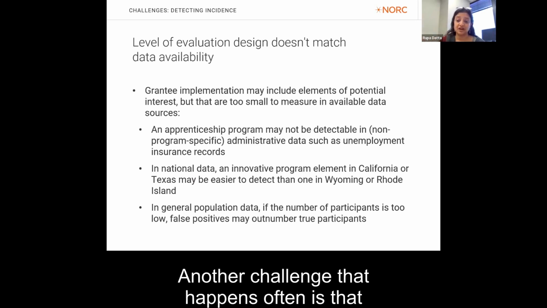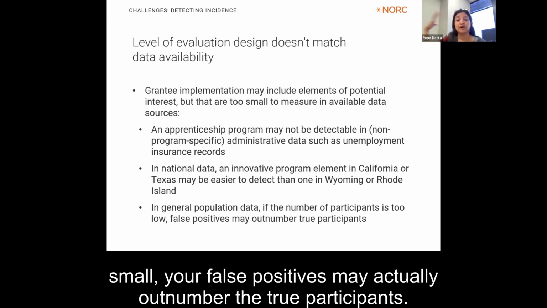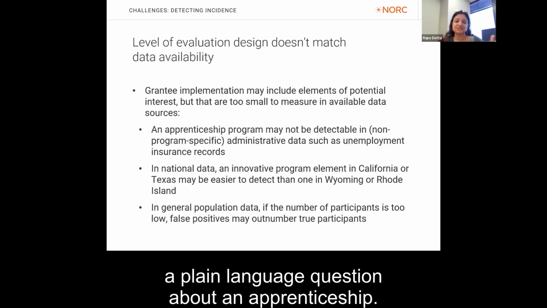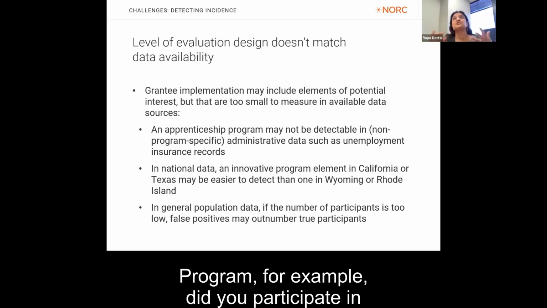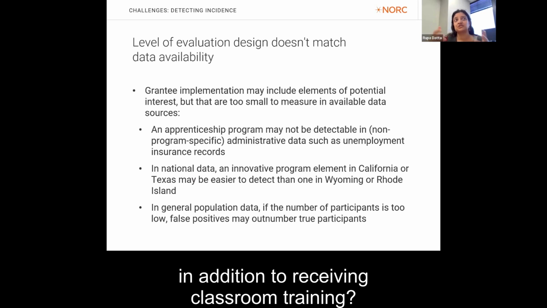Another challenge that happens often is that if the number of participants is too small, your false positives may actually outnumber the true participants. This can happen in survey data, because of a plain language question about an apprenticeship program, for example: did you participate in a training program where you were paid for your work and you worked in addition to receiving classroom training?